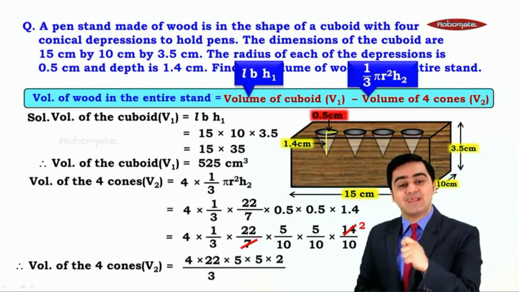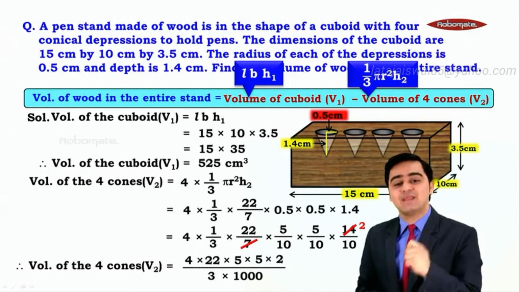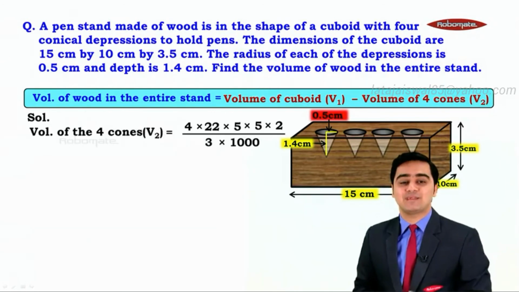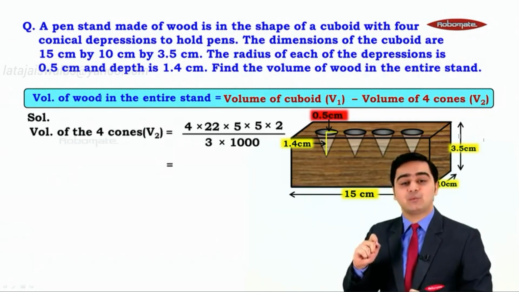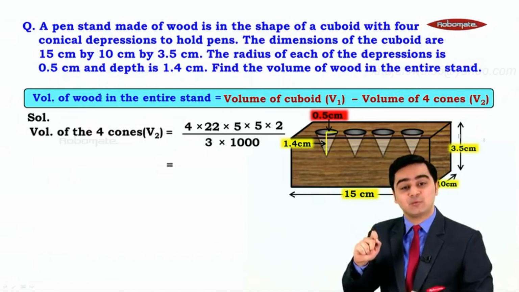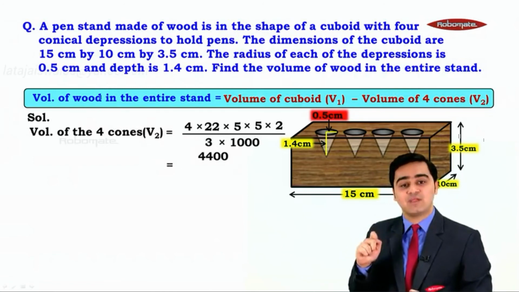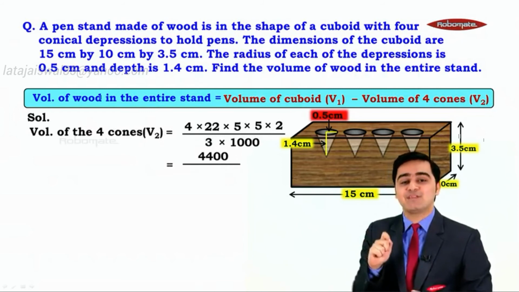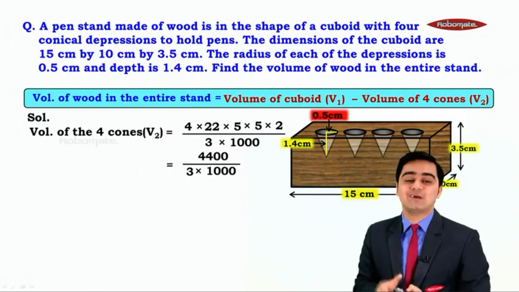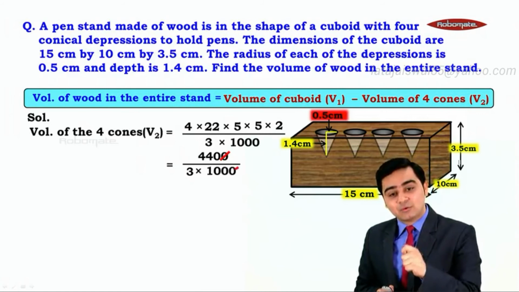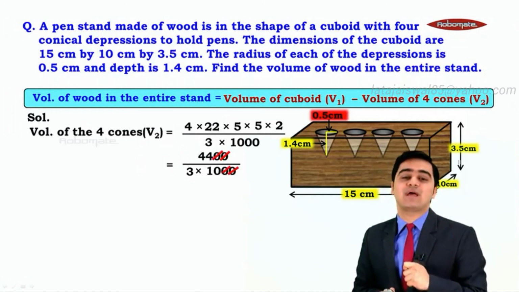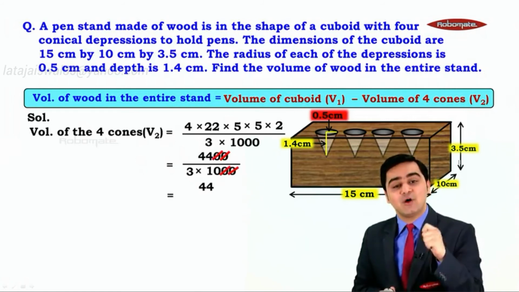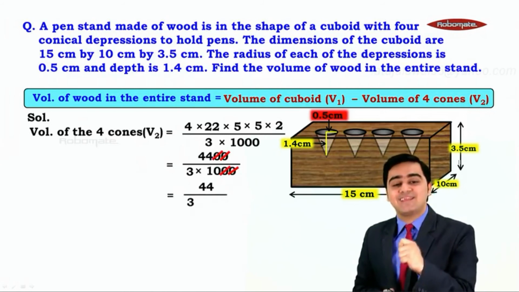Now, 10 into 10 into 10 is 1000. So, we have 3 into 1000 in the denominator. Now, 4 into 22 into 5 into 5 into 2 is 4400. So, we have in the numerator 4400, upon in the denominator, we have 3 into 1000. We can cancel out 2 zeros from the numerator and the denominator. So, we are left with 44 upon 3 into 10.